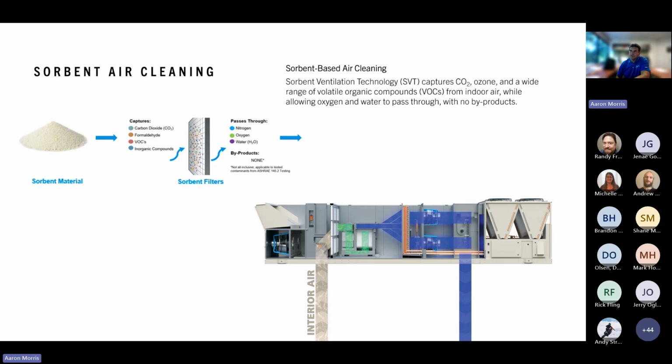With the sorbent ventilation, various compounds like carbon dioxide, formaldehyde, other VOCs and inorganic compounds are trapped on the sorbent filtration media, and then through a regen process are exhausted out of the airstream. And the cleaned return air is then returned into your supply stream and delivered into your building.